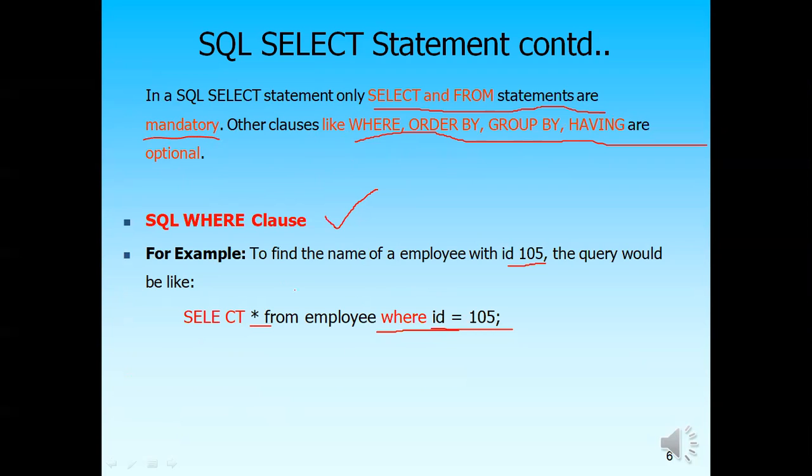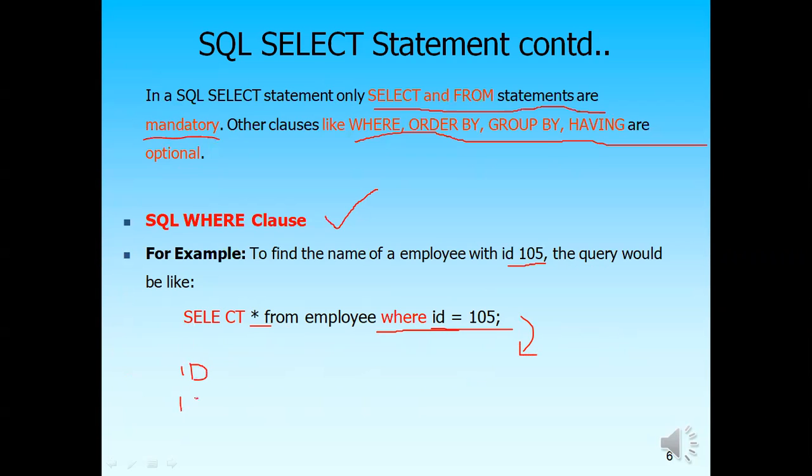So here is the example, right? To find the name of the employee with ID 105, the query would be, for example, I want to display only information about the employee whose employee ID is 105. So my query will be select star from employee where ID is equal to 105. So this query will display all the columns of only employee 105.